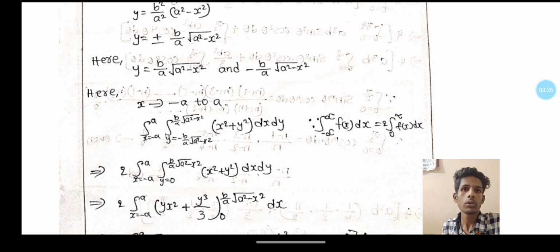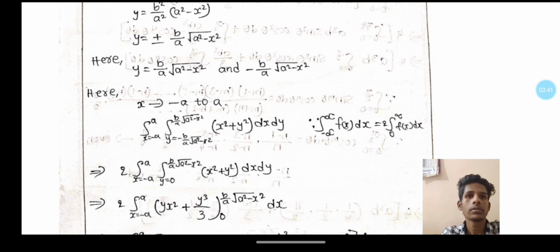Then we will write 2 times the integration of x from minus a to a, and the integration of y from 0 to b by a square root of a square minus x square, of x square plus y square dx dy.